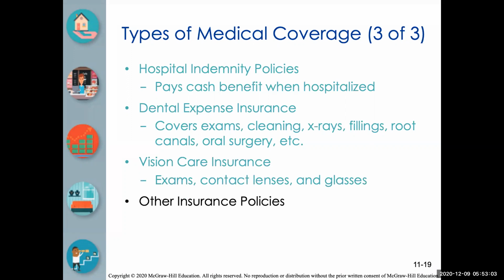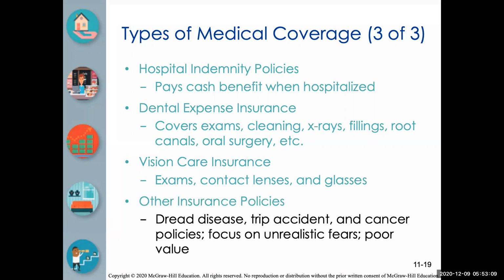All right, and so again, there are so many different types of insurance policies that are out there. You've got things like dread disease policies, almost like act of God type policies, trip accident, cancer policies. This one, the focus on unrealistic fears, that's what these other types of policies tend to cover.